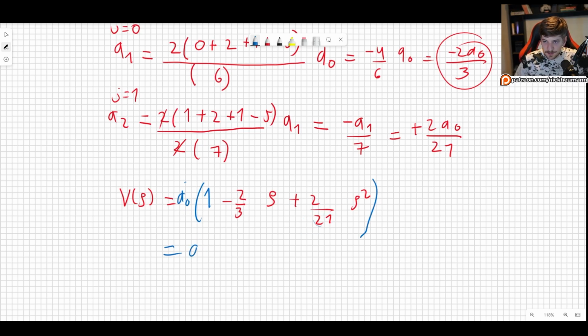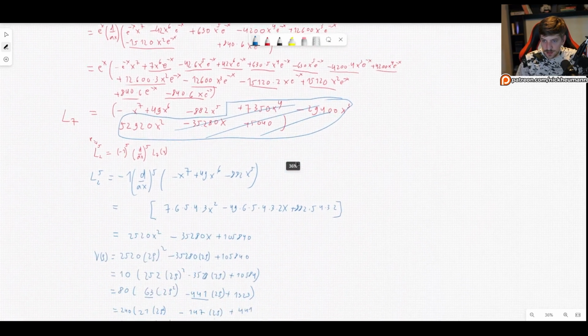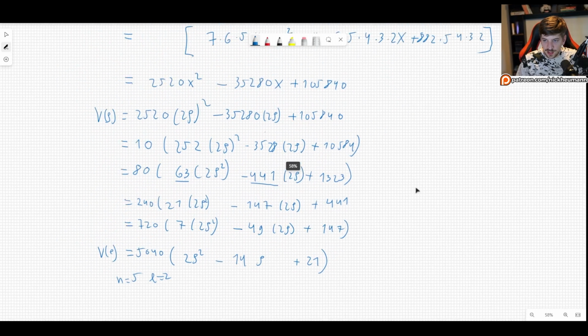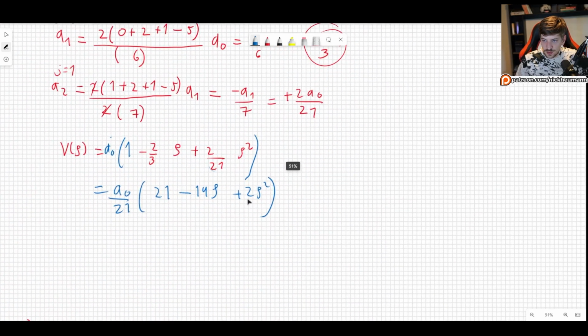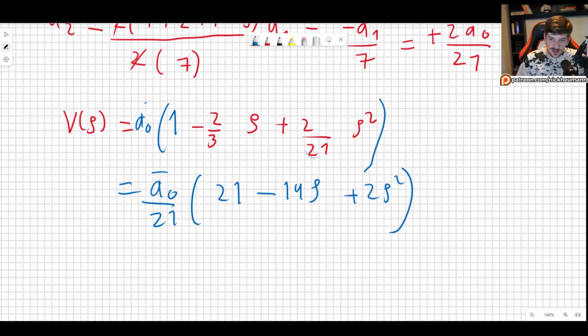That way we get A0 over 21, and then we have 21 minus 14 rho plus 2 rho squared. And now this looks a lot more like what we found before: 2 rho squared minus 14 rho plus 21. The only thing we still need to do is find A0 by normalization.